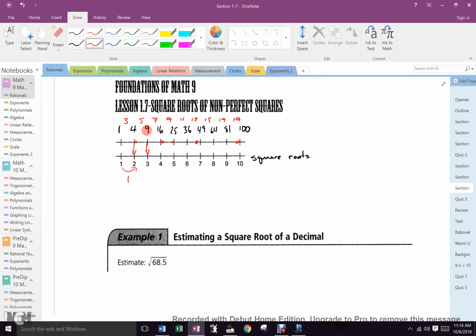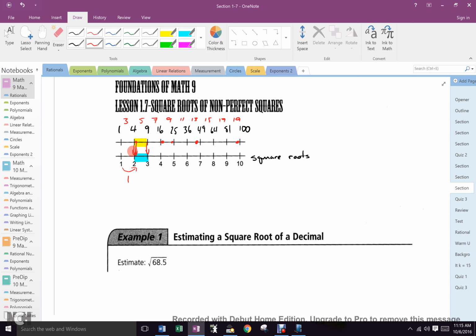Exactly, Austin, every square root in here must be between 2 and 3, correct? So whoever said 5, what's a good guess for the square root of 5? A little bit more than 2, because you can quite plainly see that 5 is a little bit past 4, so its square root must be a little bit past 2. Does everybody understand? It's pretty easy, yeah?